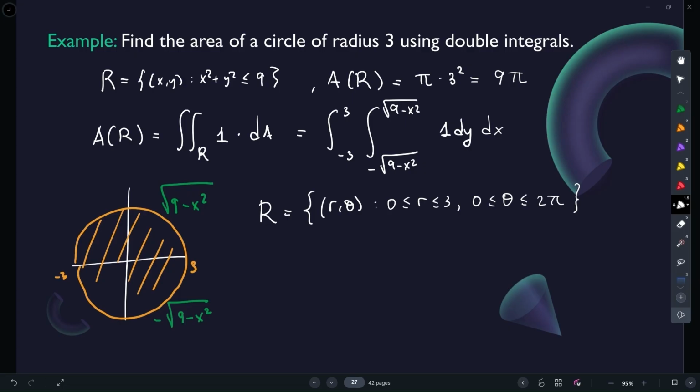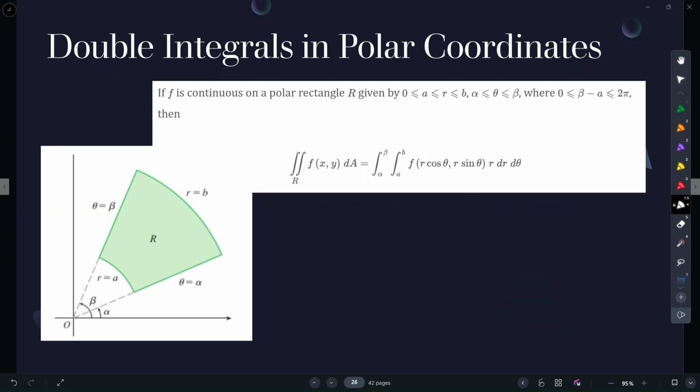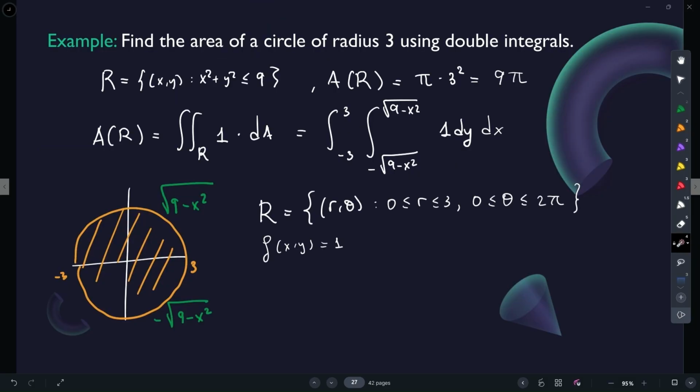Okay. Now, what is the function that I'm integrating? It's just the function 1. And remember that in principle, look at the formula here, I would have to evaluate the function, which is the function 1, at r cosine theta, r sine theta. But in this case, it's just the function 1.